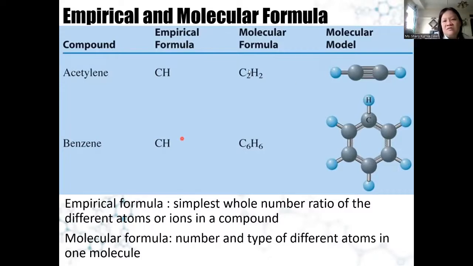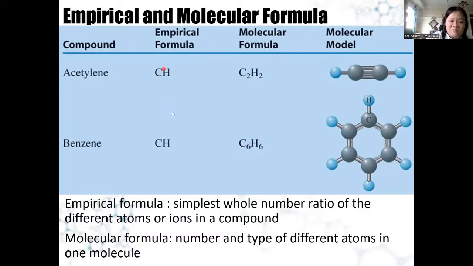And then the molecular formula is the actual formula. It is the number and type of different atoms in one molecule. That is the actual number. So we can use this example, acetylene.